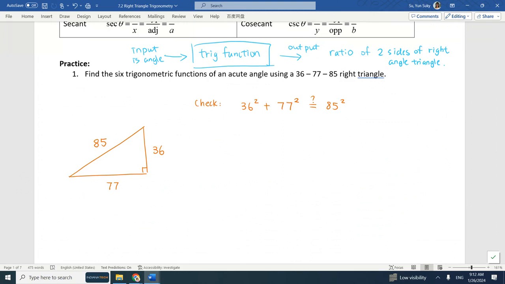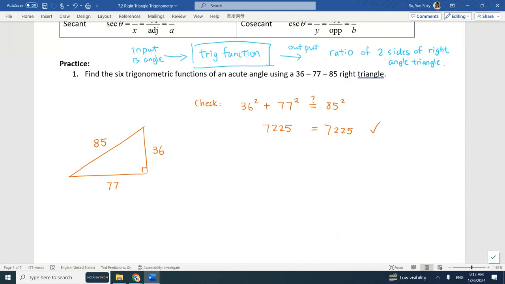So 7225. How about the right hand side? What is 85 squared? Yeah, good. Check. They're really a right angle triangle. They satisfy the Pythagorean theorem.